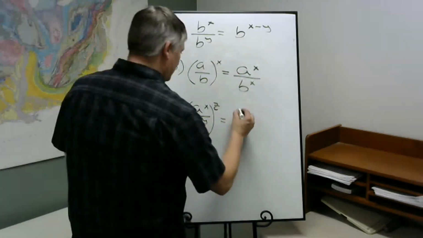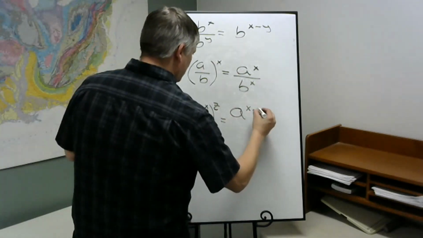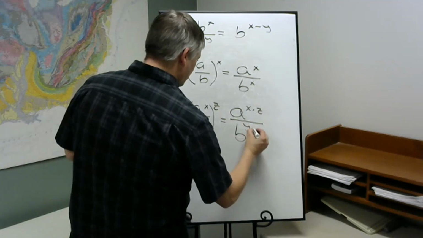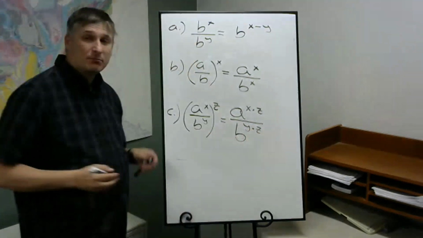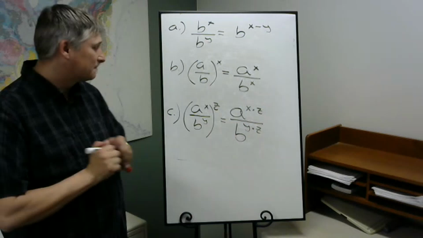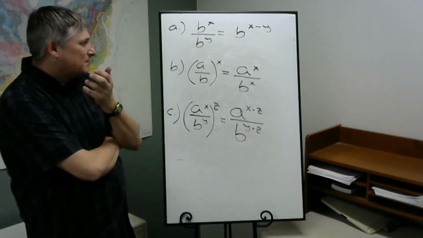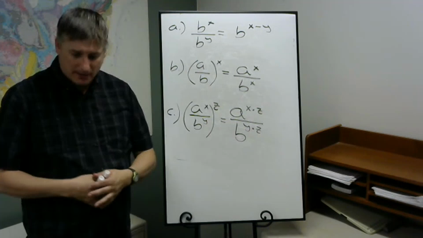For this, that z gets multiplied to the other exponents. So for today, this is going to be the last of the exponent properties.